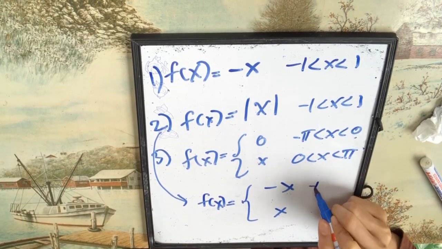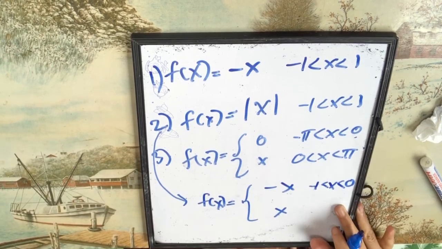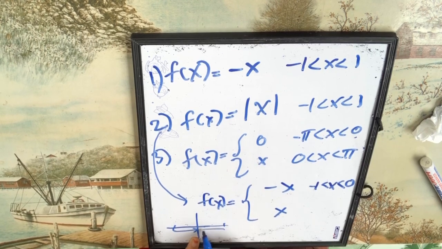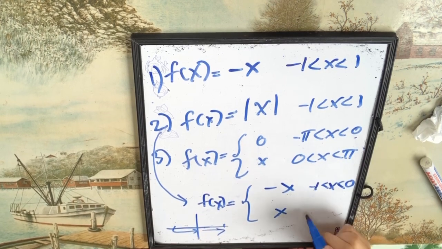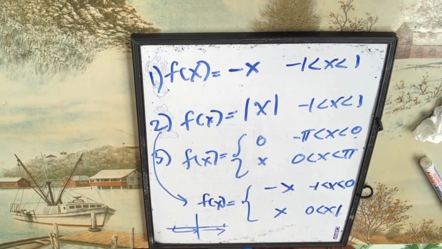It starts from -1 until 0. If you draw the graph, this is the negative part, -1 until 0, and this is the positive part, from 0 until 1.